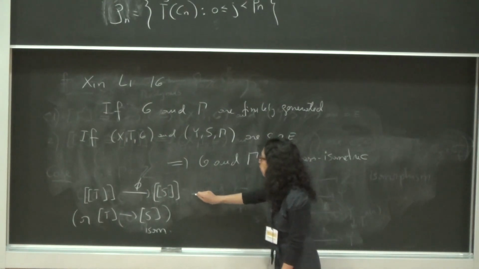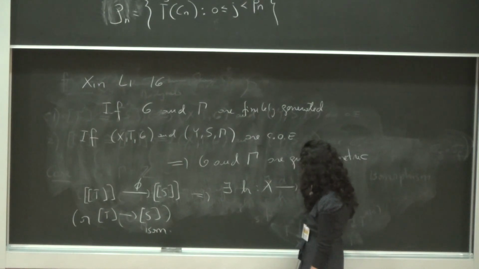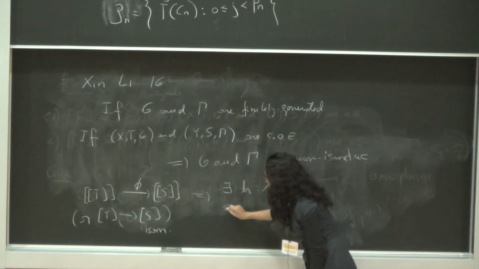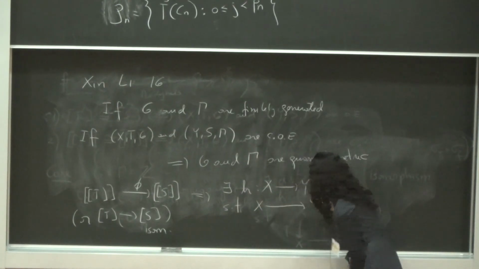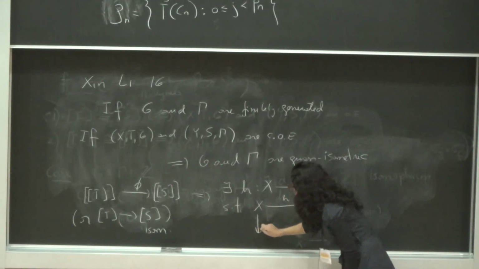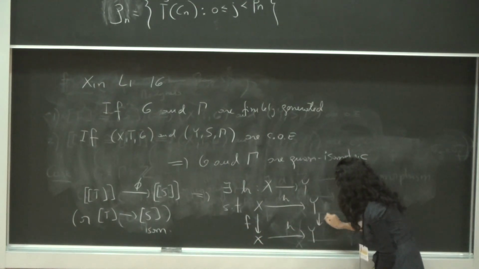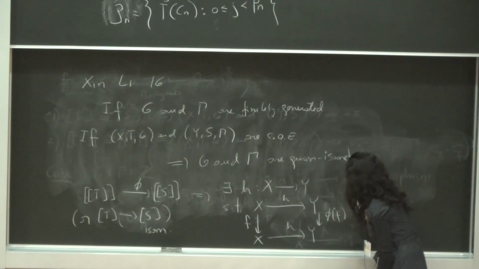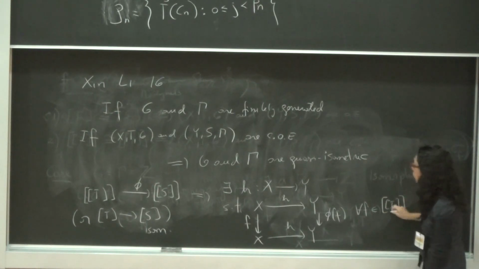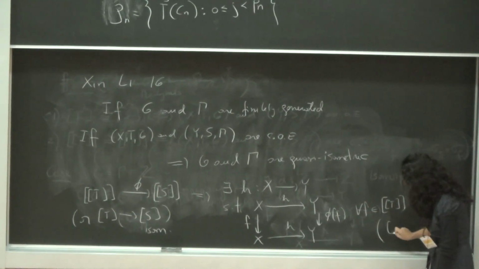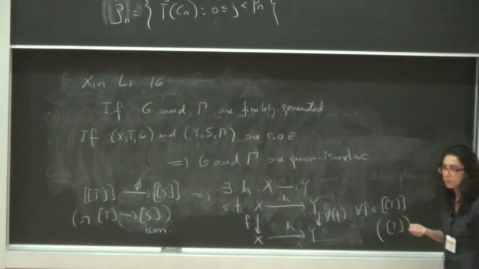That means there exists some homeomorphism between the spaces such that this diagram commutes, in the topological full group or the full group if you are working with the full group. This is the key tool to show this result.